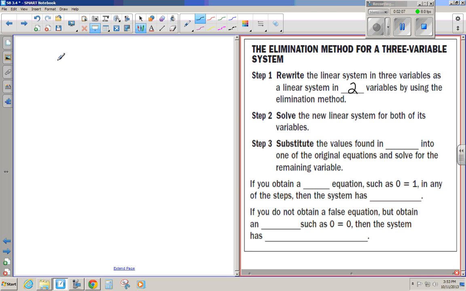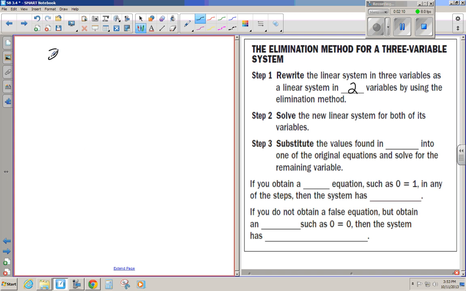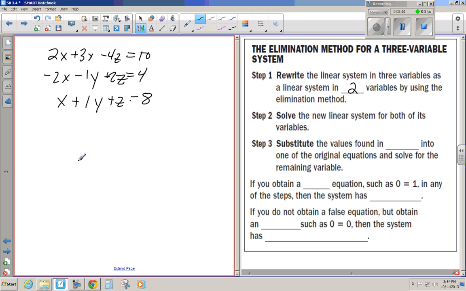Basically what that means is you're going to have something like 2x plus 3y minus 4z equals 10, then negative 2x minus y, sorry, that should be a y, plus 2z equals 4. And you're going to have a third equation.